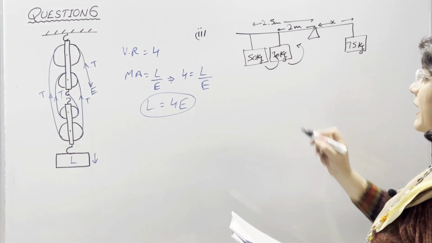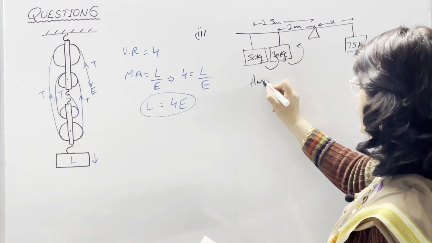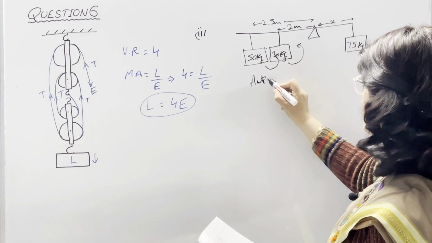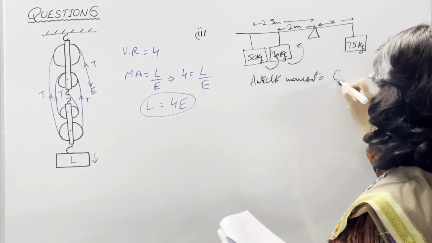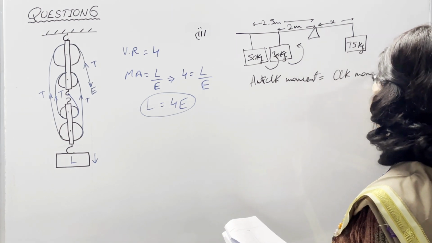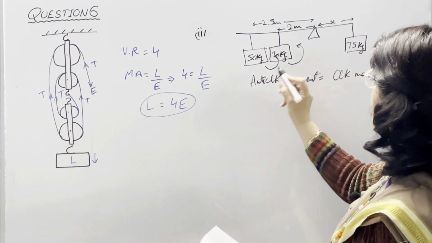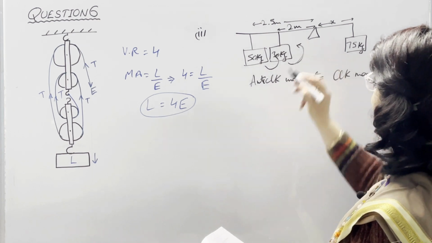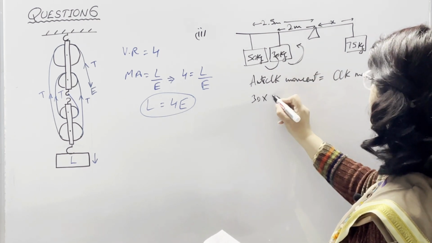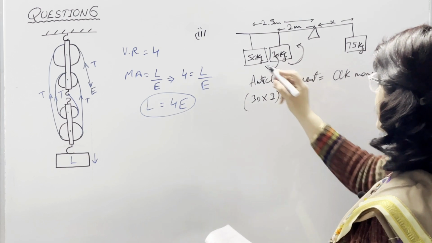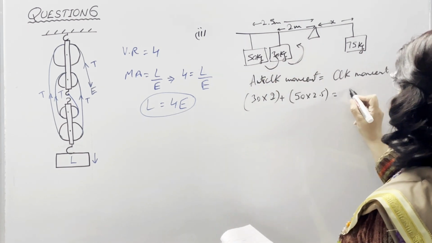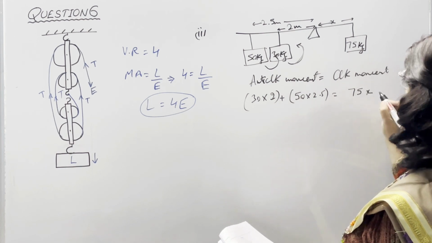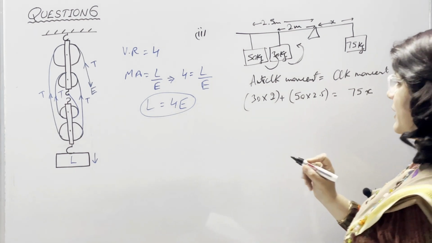So now you can see here we have anti-clockwise moment. For the seesaw to be balanced, anti-clockwise moment is equal to clockwise moment. So anti-clockwise moment of first child is 30 into 2, F into D, plus of second is 50 into 2.5, and here man 75 and x is the distance from fulcrum.